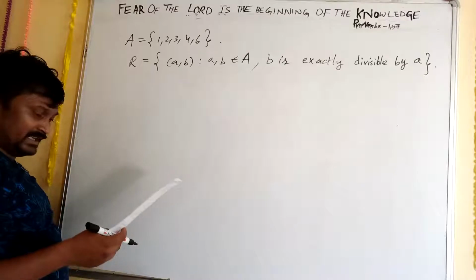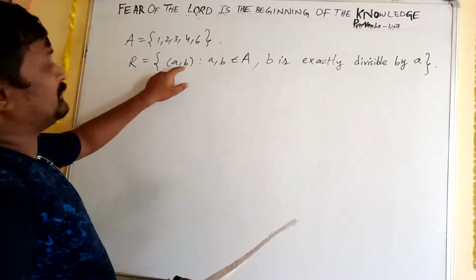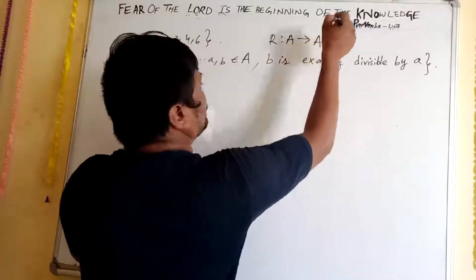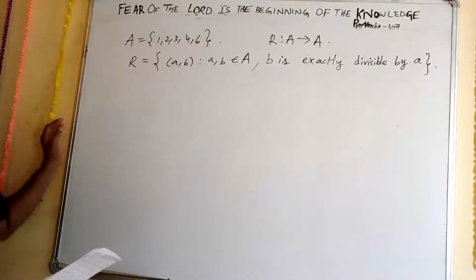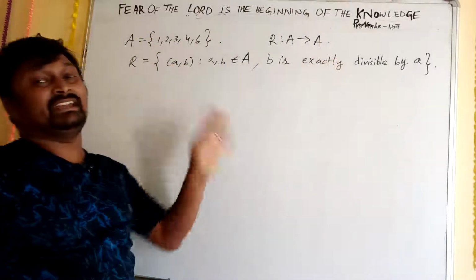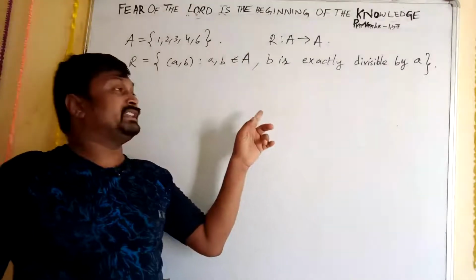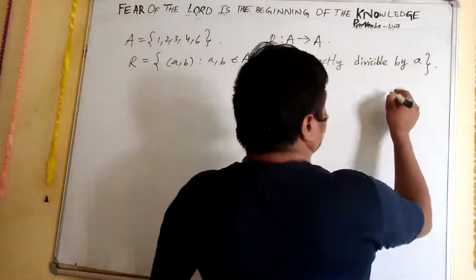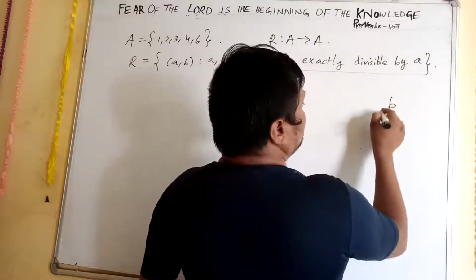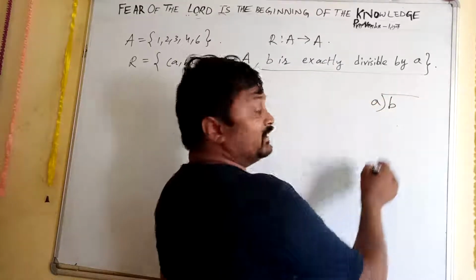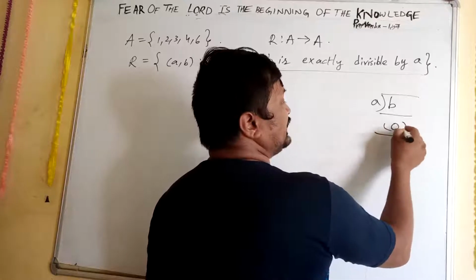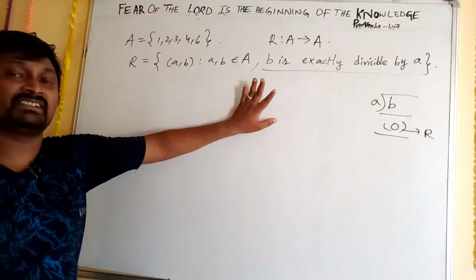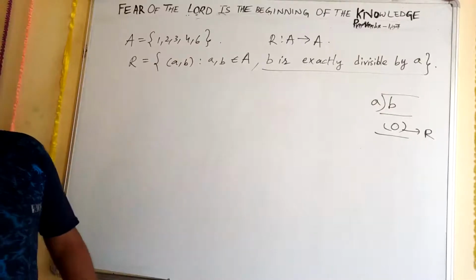Remember, a, b belongs to A means the relation R is from A to A. B is exactly divisible by a means that when you divide b by a, you have to get the remainder as 0. If you get remainder 0, then it is exactly divisible, otherwise it is not exactly divisible.